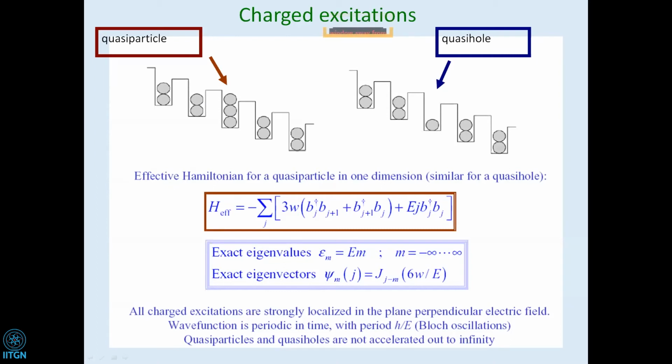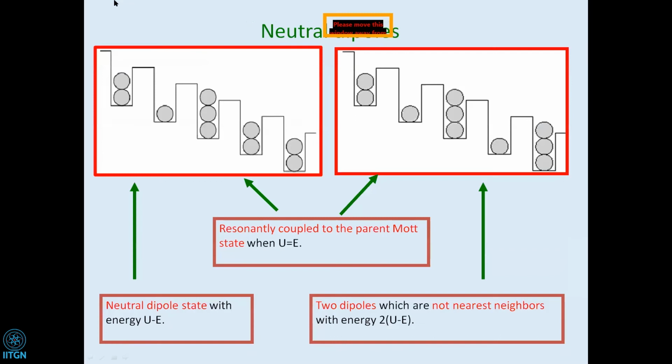So the point is that these are not states which are close to the ground state or the metastable state of these bosons in an electric field. What are close states are essentially some dipoles. These dipoles essentially constitute a process where you can go from one lattice site to the next. So a boson just hops from one site to the next.